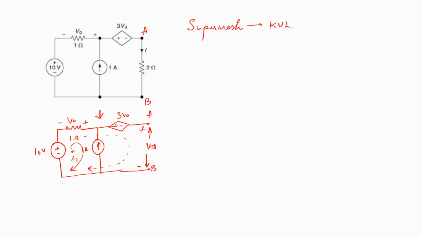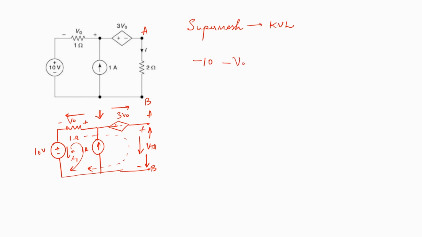So if we apply super mesh with KVL, marking the drop directions in this manner, we get minus 10, and the direction of V naught opposes the dotted direction that we have assumed.